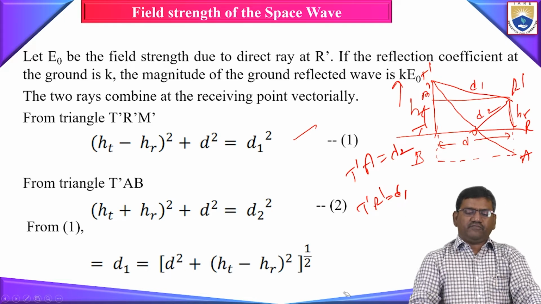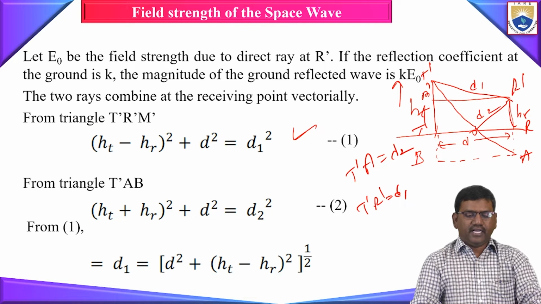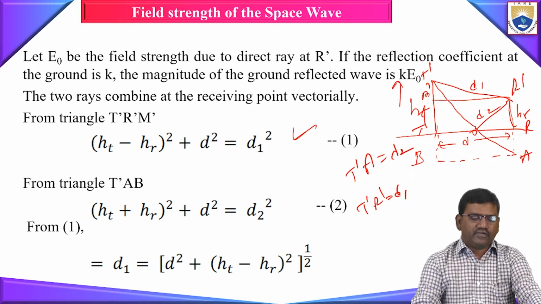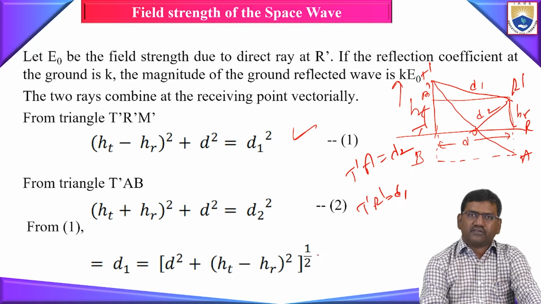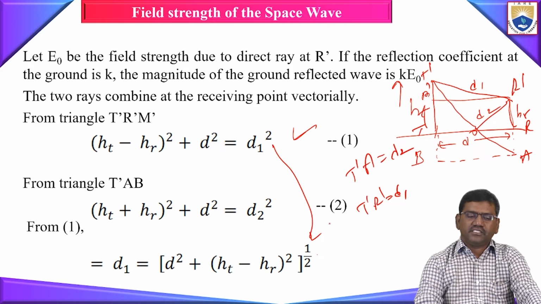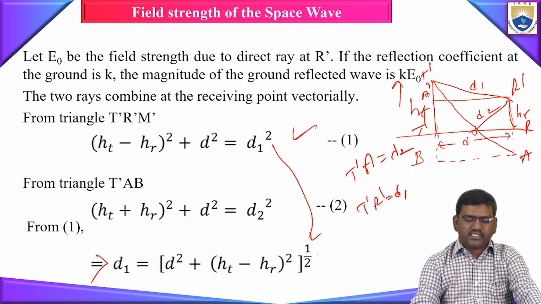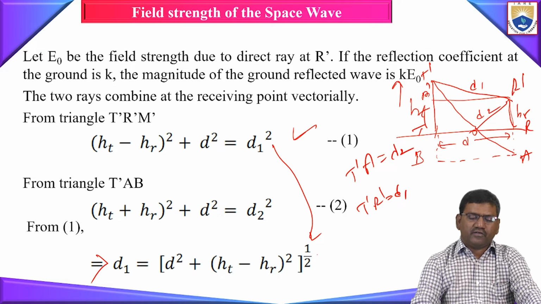So from equation 1, you can see in the figure, we can write d1 is equal to square root of (HT minus HR) whole square plus d square, whole power half. So this half represents the square root. So d1 is equal to (d square plus (HT minus HR) whole square) to the power half.